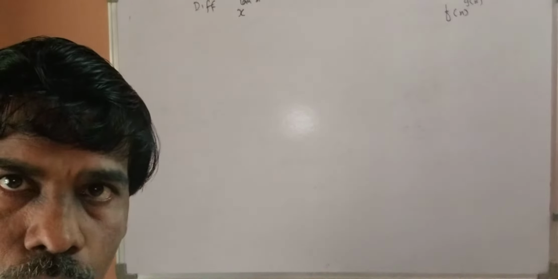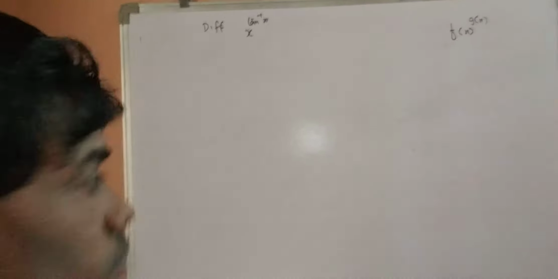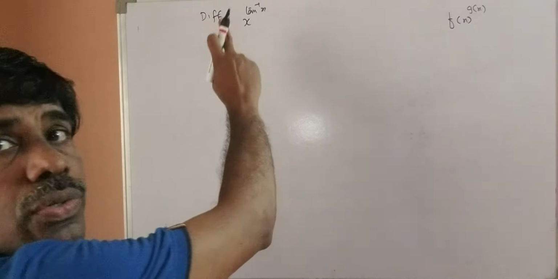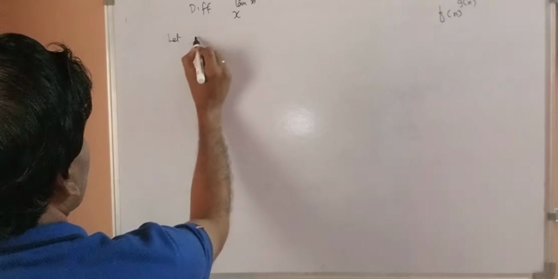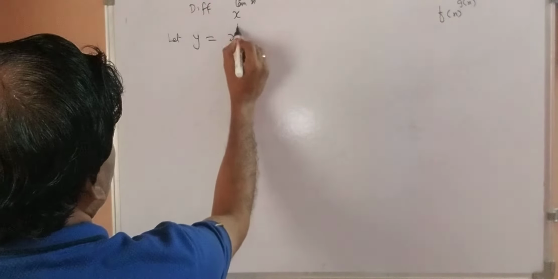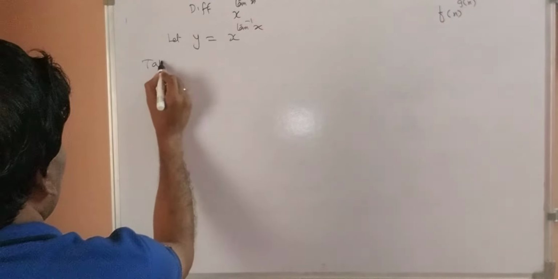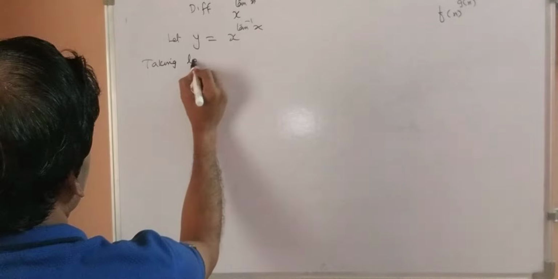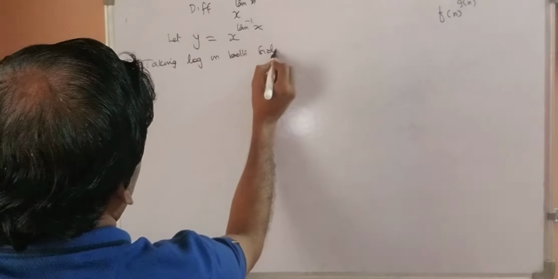Okay. Now differentiate x to the power tan inverse x. Let y equal x to the power tan inverse x. Taking log on both the sides, what will you get?